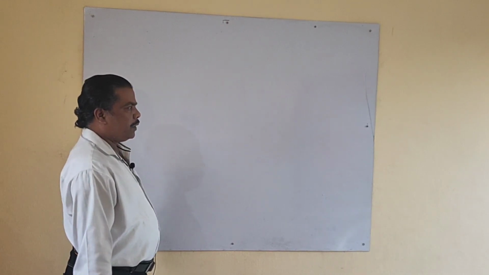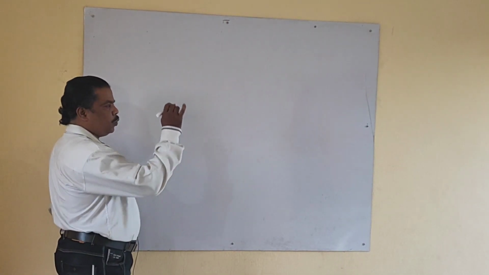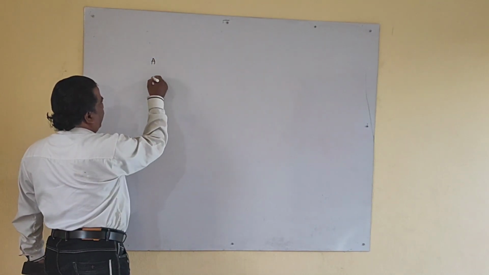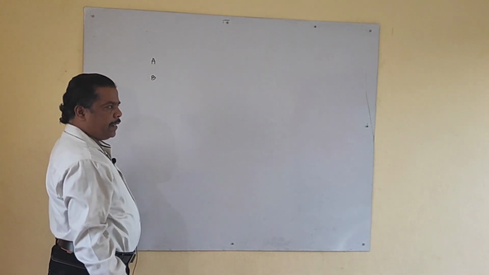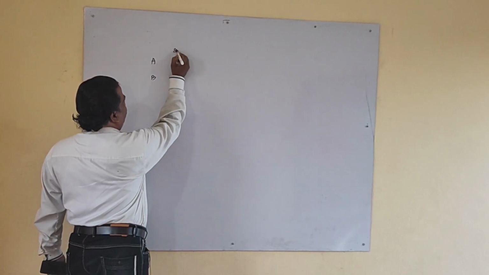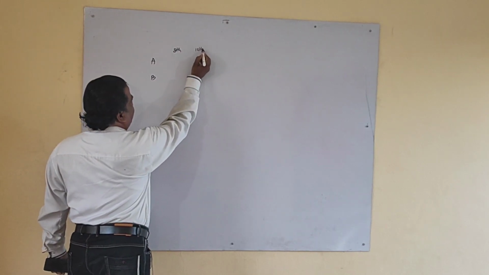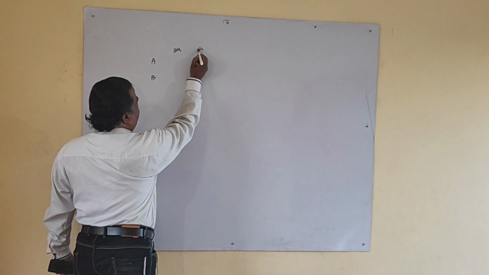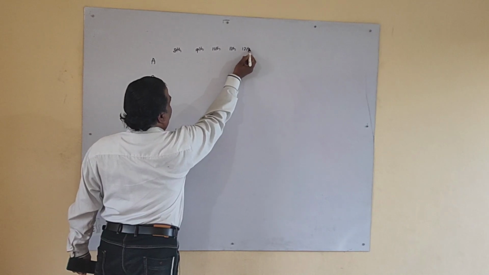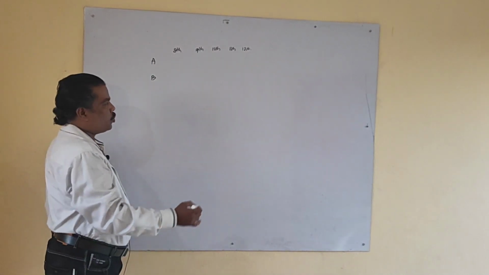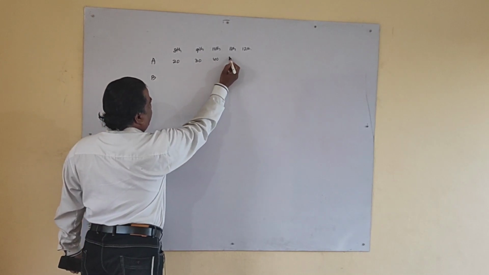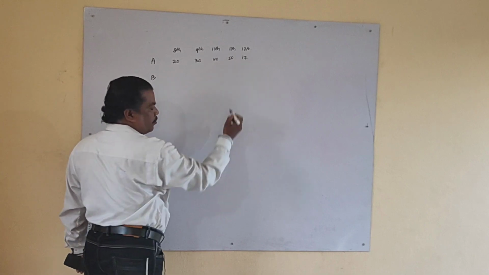Suppose there are two schools, school A and B, and the number of students of school A in 8th class, 9th class, 10th class, 11th class and 12th class are as follows: 20, 30, 40, 50, 17.